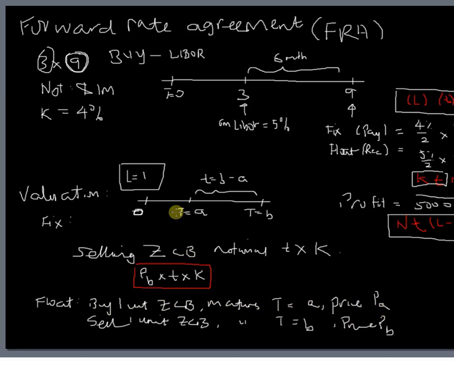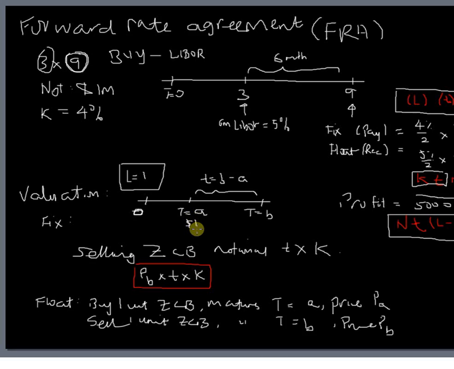So why do we do that? Let's imagine that the first zero coupon bond matures at T equal to A. At this point we'll be receiving $1.